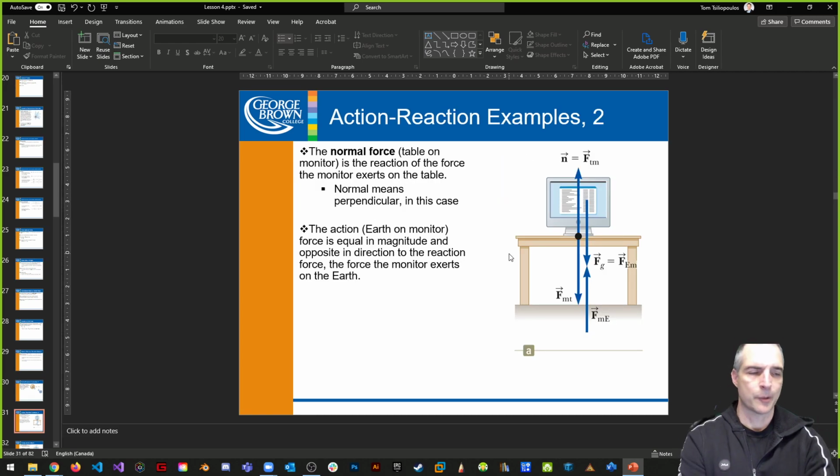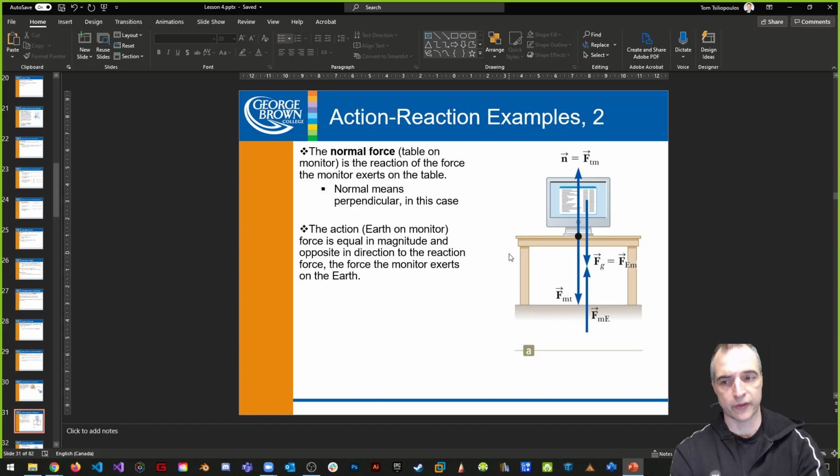One thing we have to talk about with Newton's third law is something called the normal force. The normal force is the reaction to the force the monitor, in this case, exerts on the table, and usually it means perpendicular. And the action is the earth on the monitor.